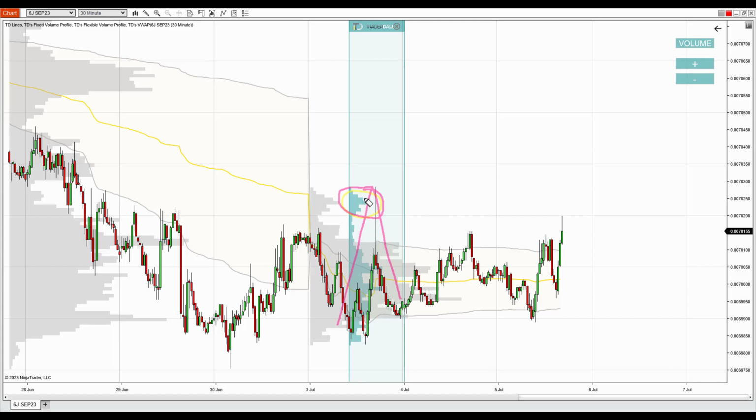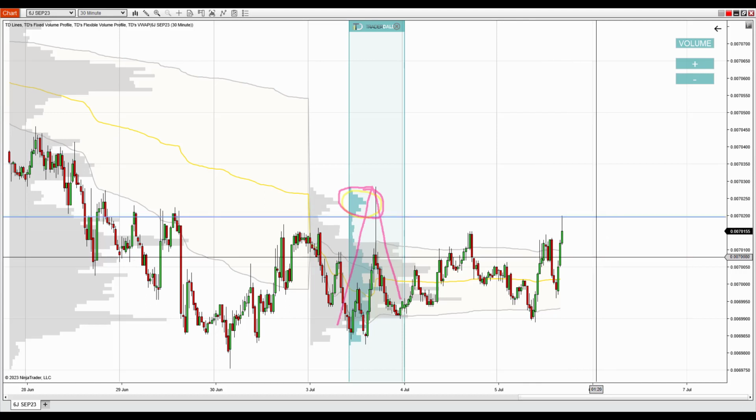This is a setup which I call the rejection setup. I trade from the beginning of that heavy volume zone, which is from here. I published this level in my members area yesterday, and that's why I'm trading this level with the order flow.